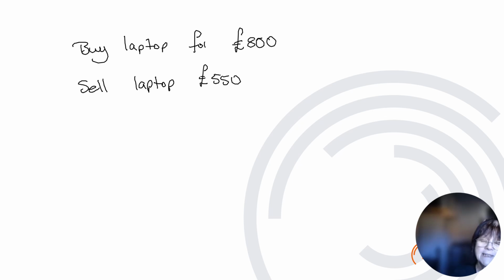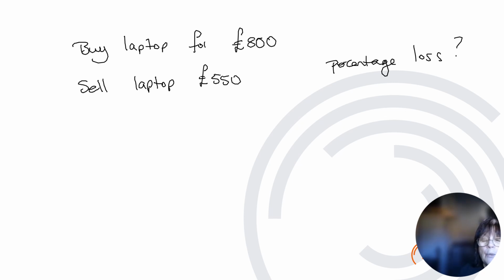Now, percentage change is about the percentage of money that you've actually lost. So the percentage change in this case is percentage loss. So what percentage of money have we lost?